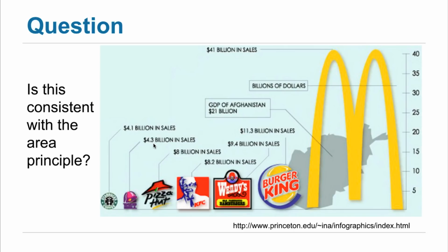So the area principle has not been followed. And that makes the graph somewhat difficult to interpret. Perhaps just plotting a bar graph of these different numbers would have been easier to understand.